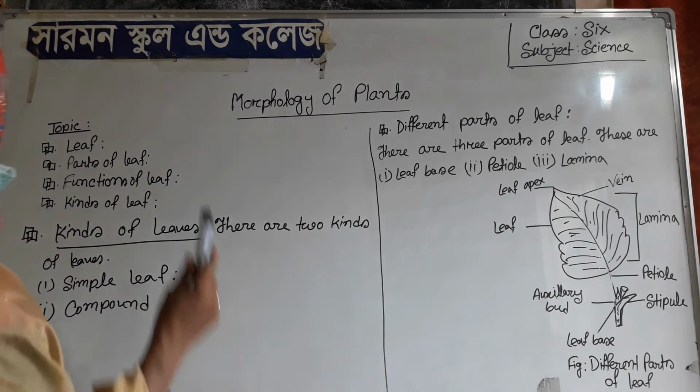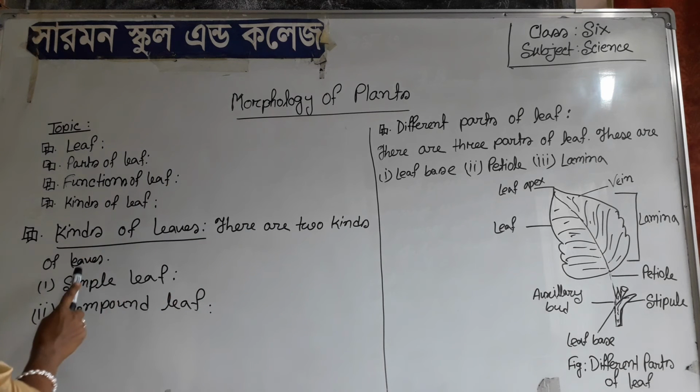So again, there are two kinds of leaves: simple leaves and compound leaves. Simple leaves contain only one leaflet, and leaves of mango and jackfruit are simple leaves.